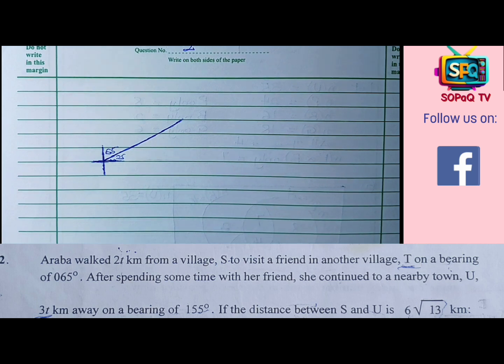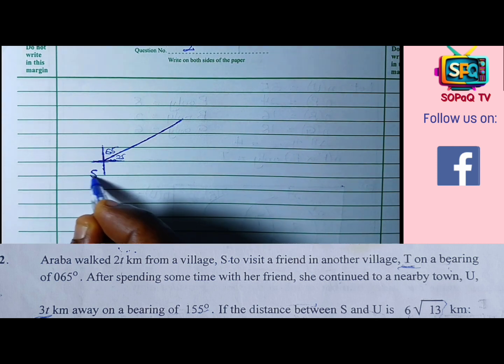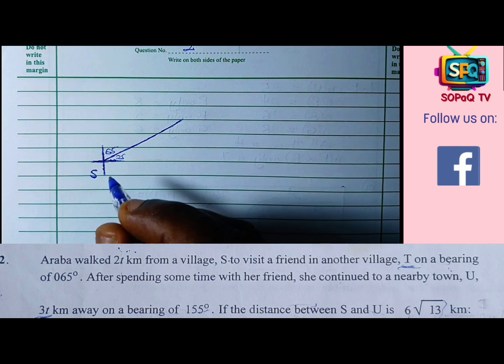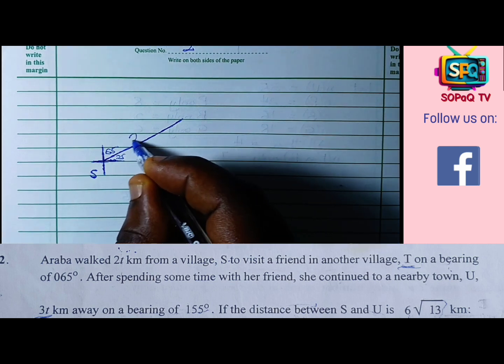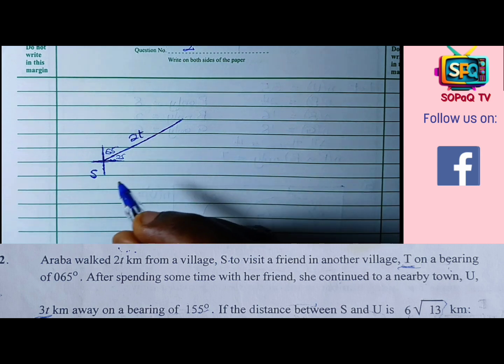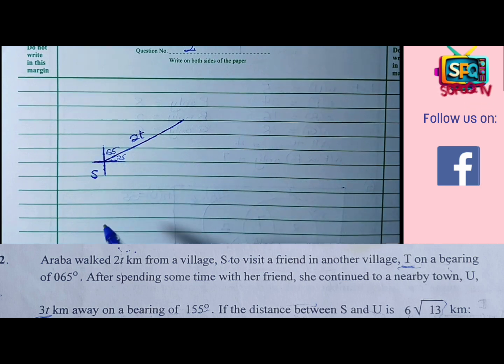And from the question, it says that she started from S. So we can now name this point S, to a village T. She walked 2 kilometers, so the distance is going to be tagged as 2 kilometers.